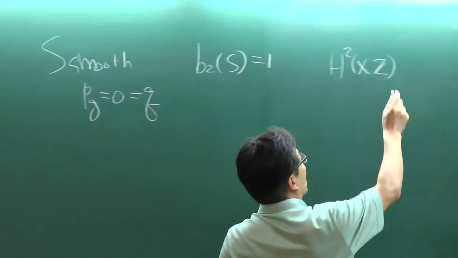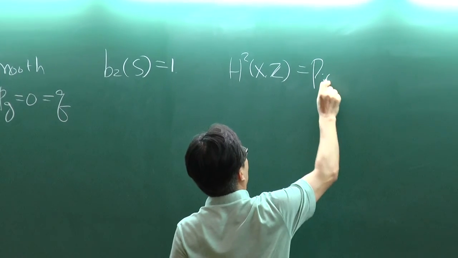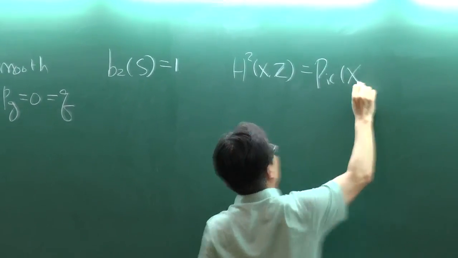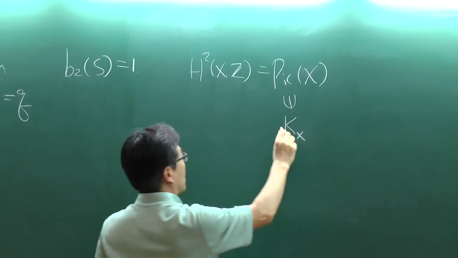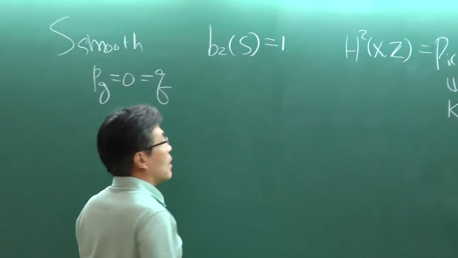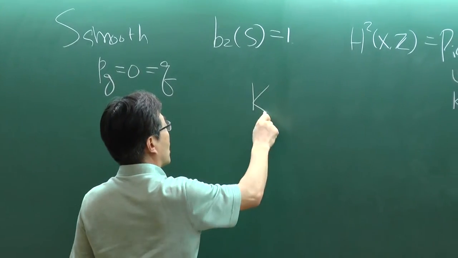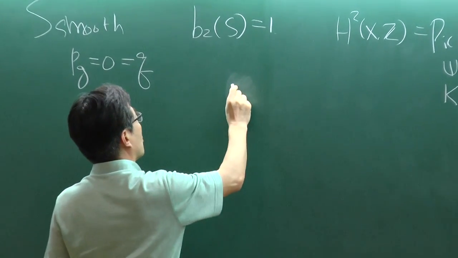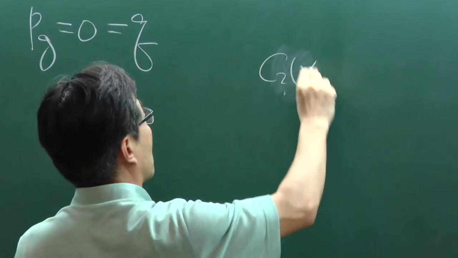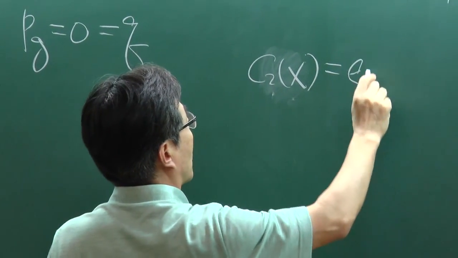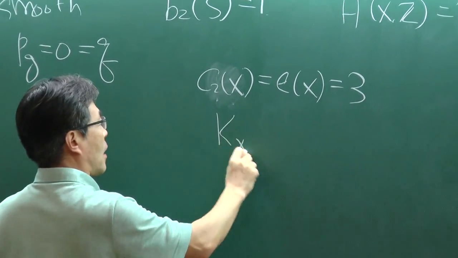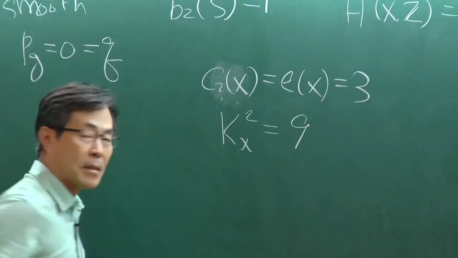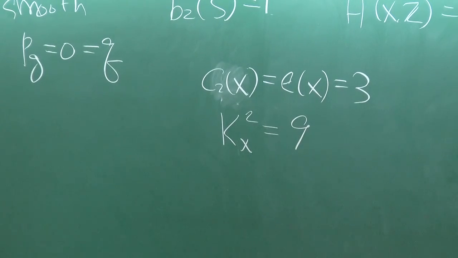So this is equal to the Picard group, Pic of X. So here the canonical class is contained, and we know c2, the Euler characteristic of X, is 3. So K_X squared is equal to 9 by Noether's formula.